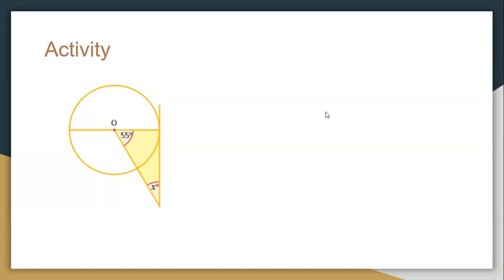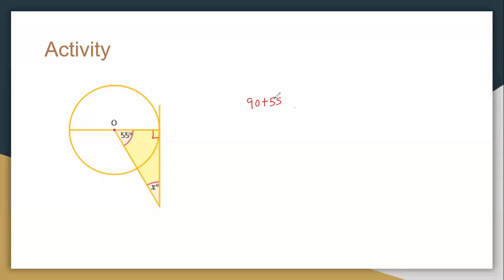Yes, you are clear. I wanted us to try this number now. Like we said, when a point from the tangency meets at the center, the angle formed is 90. So 90 plus the angle formed at the radius, which is 55, plus x is equal to 90.